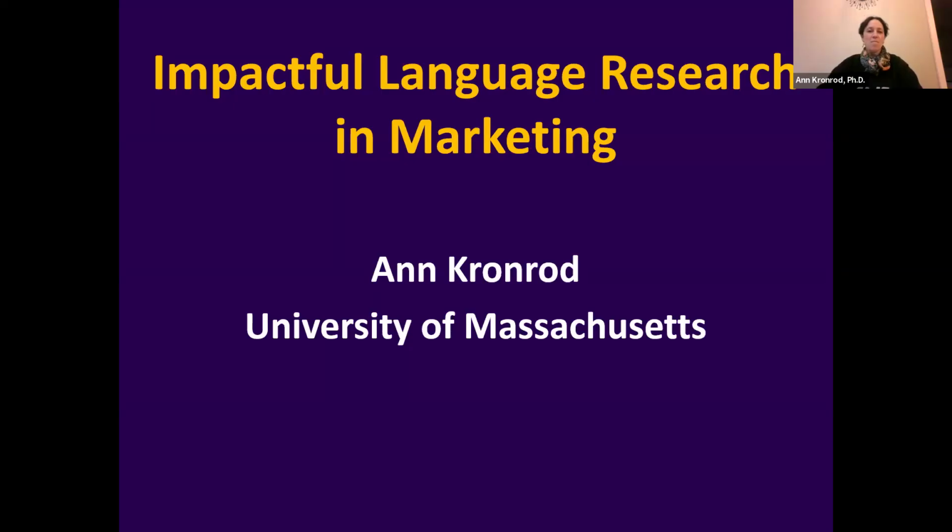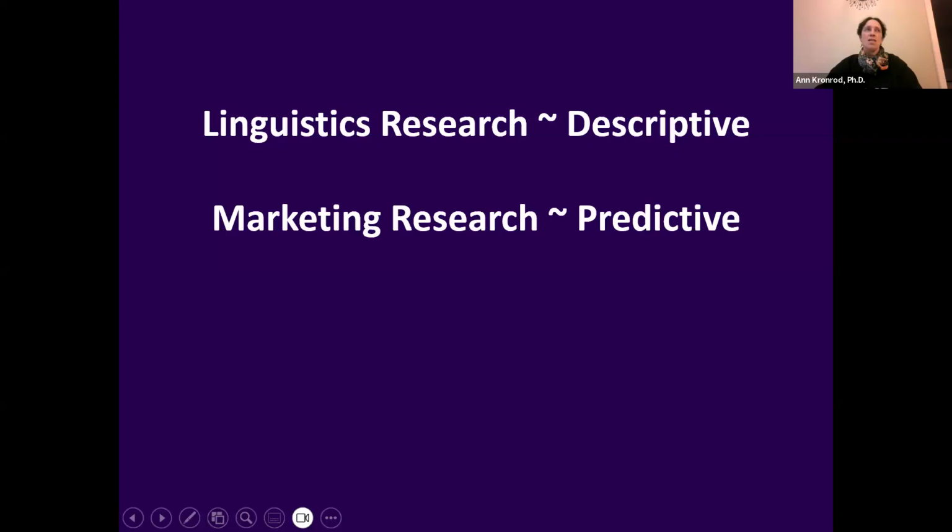So, all right. When we think about linguistics, there is something interesting that I discovered: if we think about linguistic research, it is descriptive by nature. So we describe how people talk and how people perceive and how people learn and acquire language.